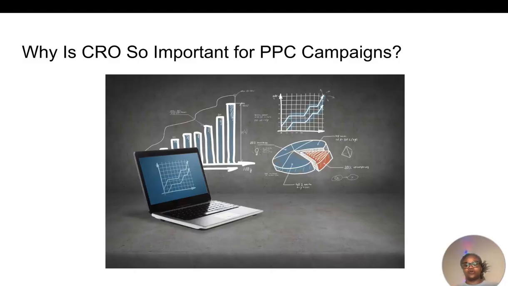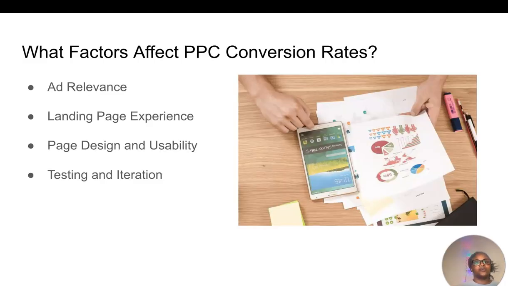So that's why conversion rate optimization is so important. So what are some of the factors that affect your PPC conversion rate? Before I start talking about what can affect your conversion rate, I do want to add that conversion rates can vary widely depending on your industry, what type of offer you have, and the quality of your website.